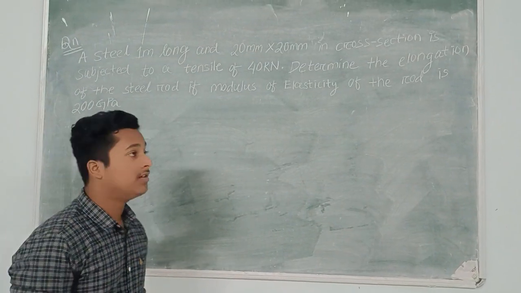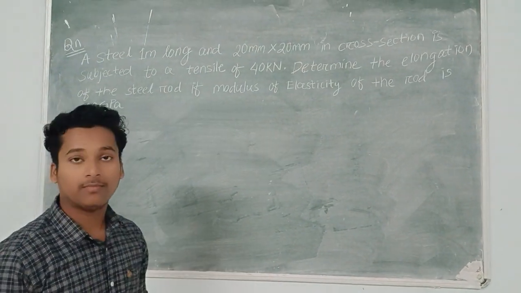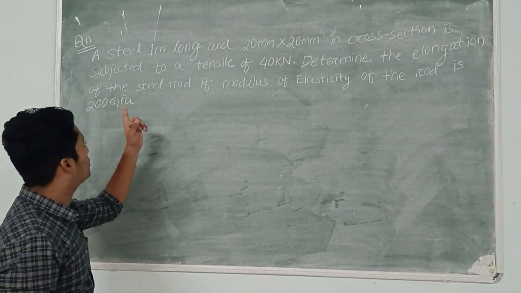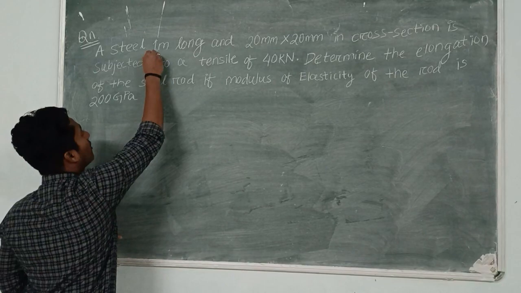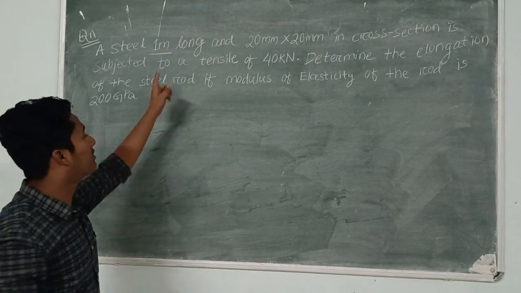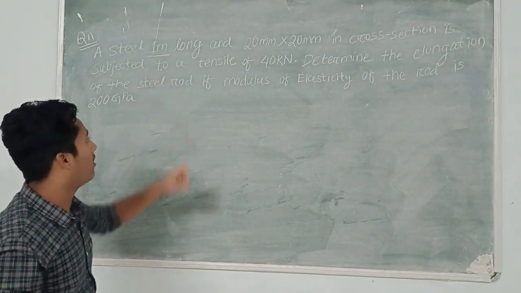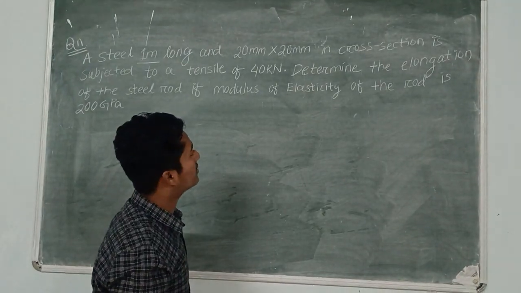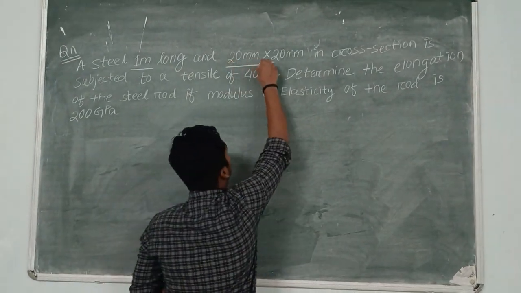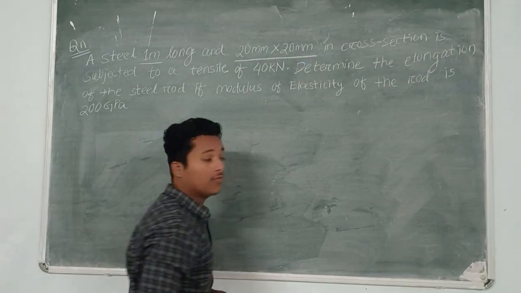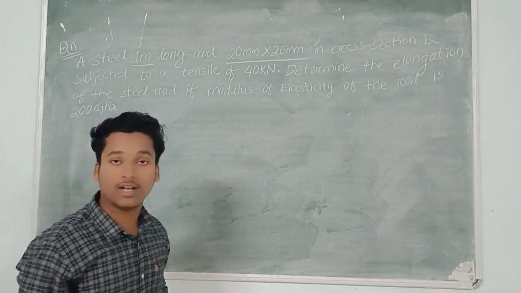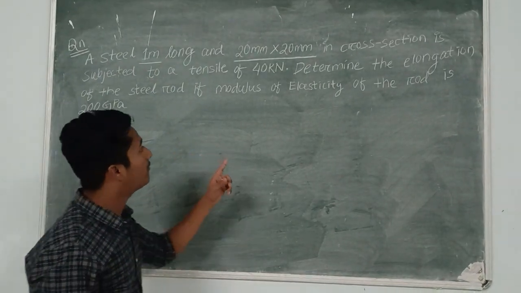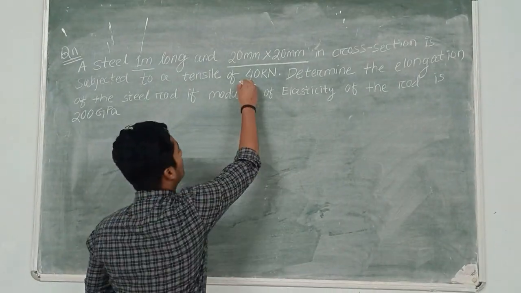So students, this is the numerical problem that I have written on the blackboard: a steel rod of 1 meter long. So here length is given, students, 1 meter long, and 20 millimeter into 20 millimeter in cross section, which means this much is your cross sectional area, and is subjected to a tensile force of 40 kilonewton.